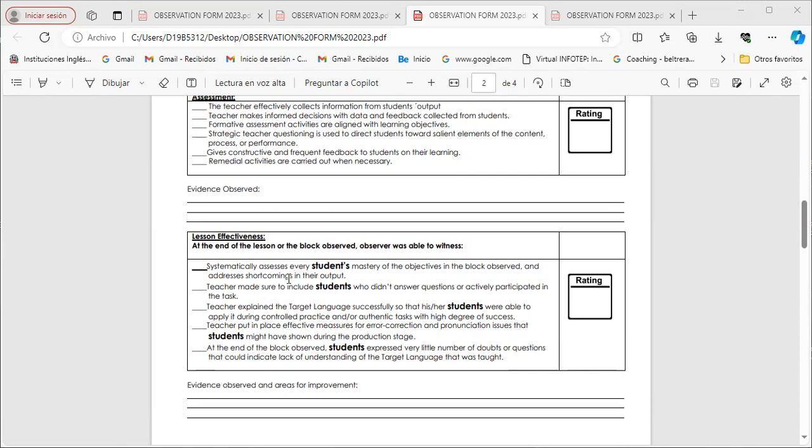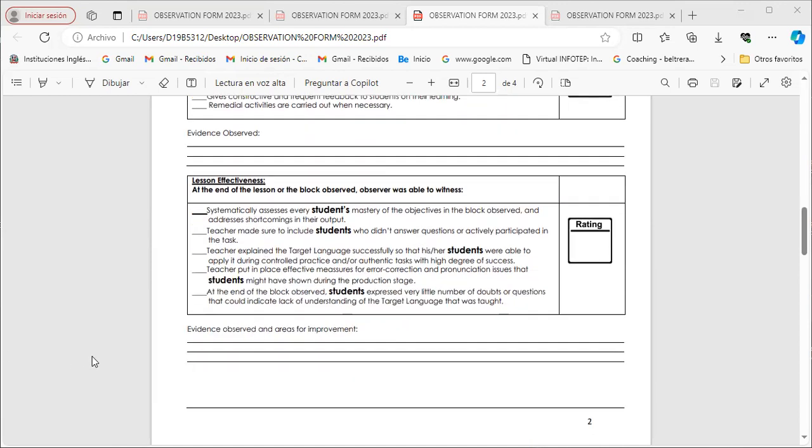Lesson effectiveness. It's just at the end of the block observed, if you notice that when the students or the teacher complete the process, if the teacher systematically assesses every student's mastery of the objectives in the block observed and addresses shortcomings in their output, teacher made sure to include students who didn't answer questions or actively participated in the task.